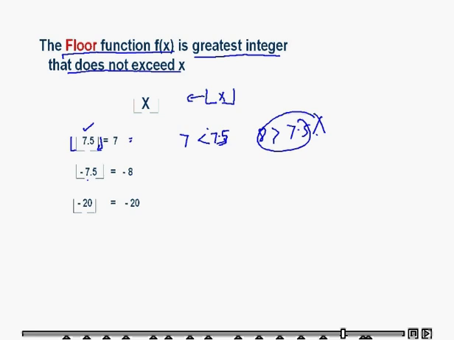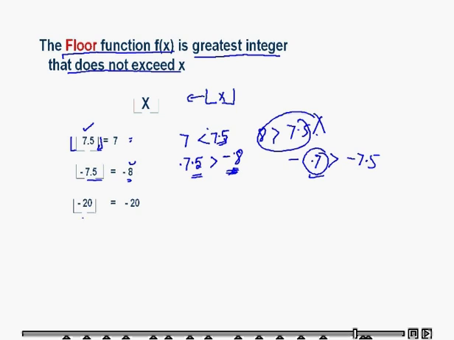Similarly, the floor of minus 7.5 is minus 8, because minus 7.5 is greater than minus 8. And if we go to minus 7, minus 7 is greater than minus 7.5, so minus 7 is not the floor, minus 8 is the floor, because minus 8 is always less than minus 7.